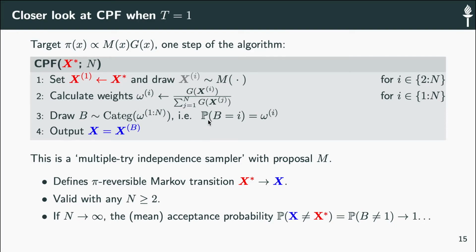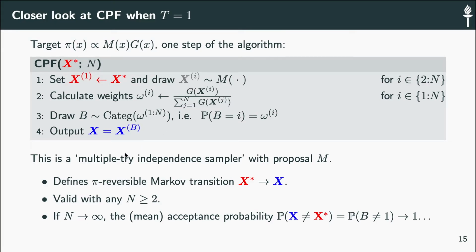Then we draw one random variable, an index b proportional to the weights, and pick that particle to be the output. If it happened to be b equals 1, then we draw the red point. If it's not, then we pick one of the other particles and move.